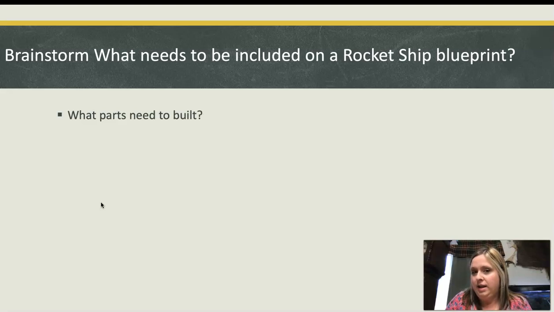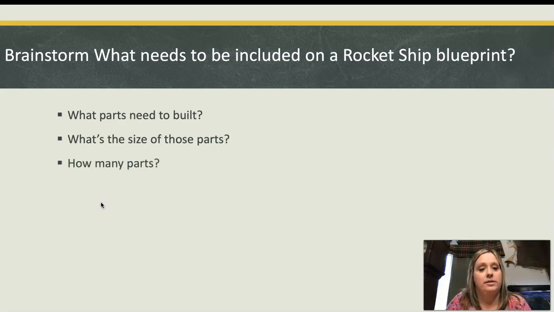Johnny? The size of the parts? Yep. What else? How about how many parts? Okay. Anything else? Emma? Yes, the time frame? Yeah, maybe how long engineers estimate it would take to build a part.